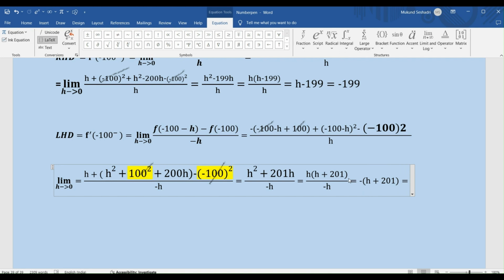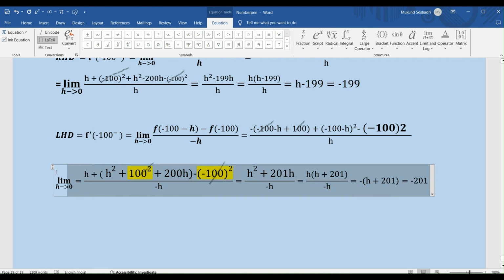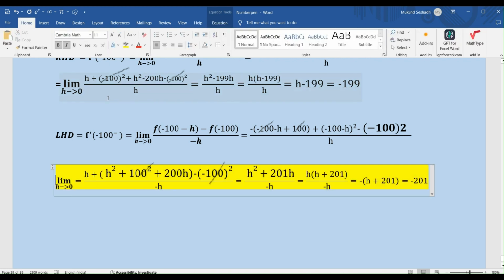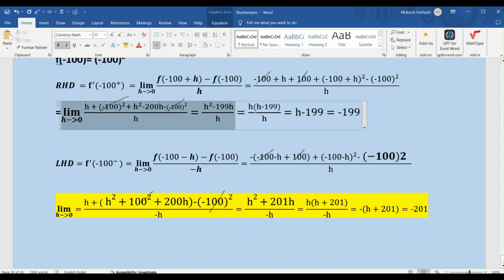And when I do a substitution of h equals 0, I'm having the final answer here with me, which is minus 201, right? So we have calculated our LHD, and I'm going to highlight this, folks. It is minus 201. We calculated our RHD.